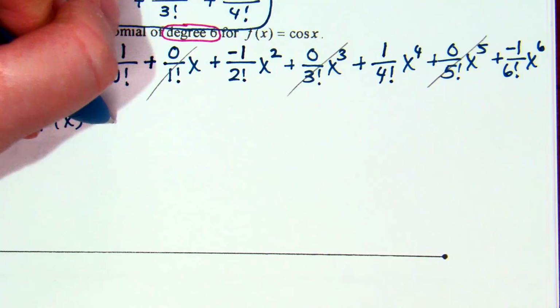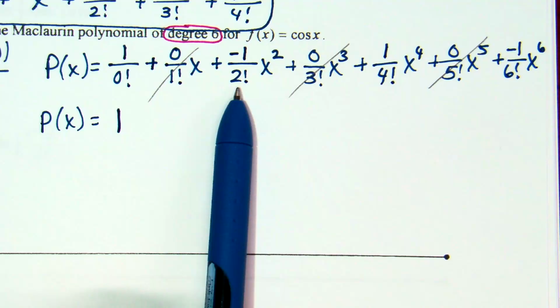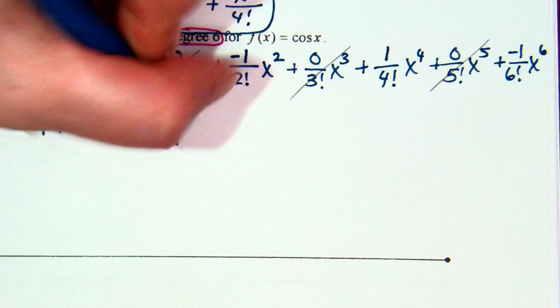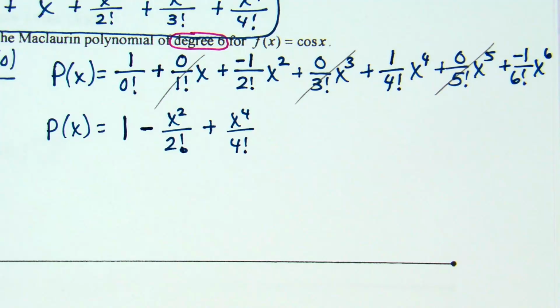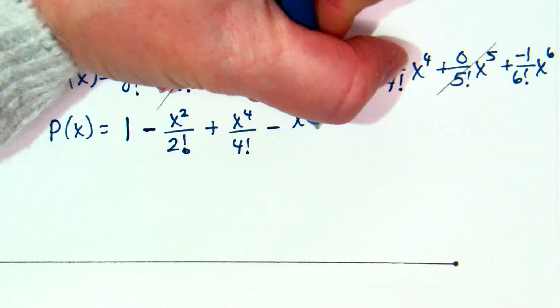Then it's plus negative 1 over 2 factorial x squared. I'm going to write that as minus x squared over 2 factorial. And then what's the next one I have? Plus x to the fourth over 4 factorial. And the last one I have? Notice it's minus x to the sixth over 6 factorial.